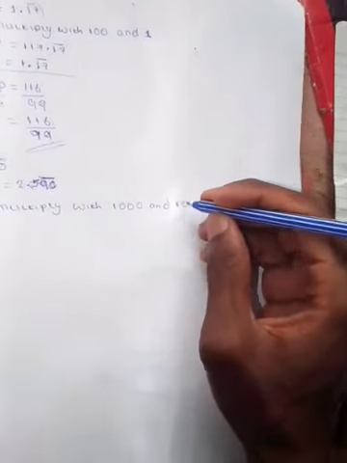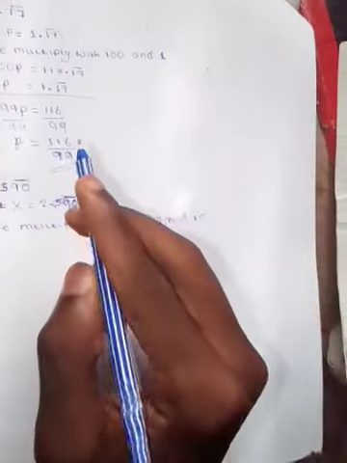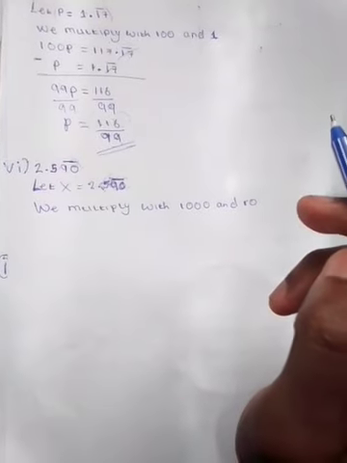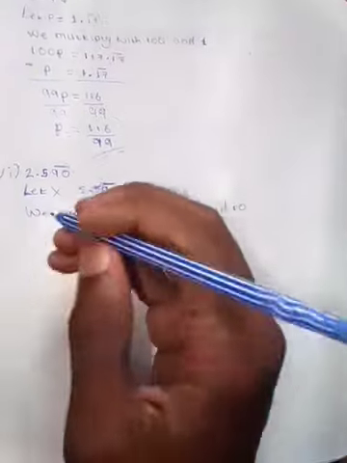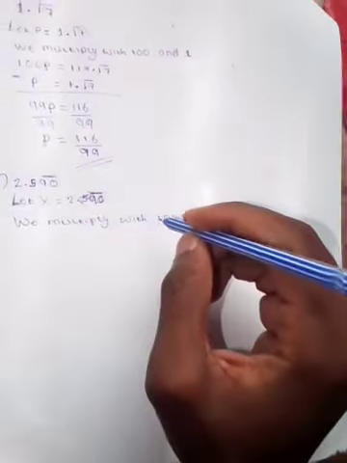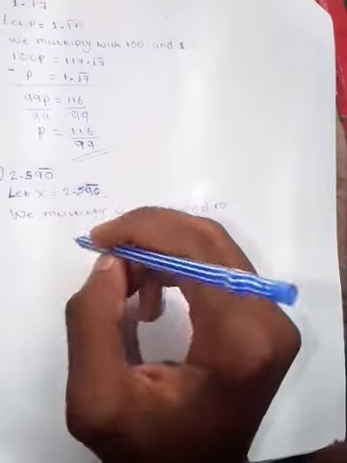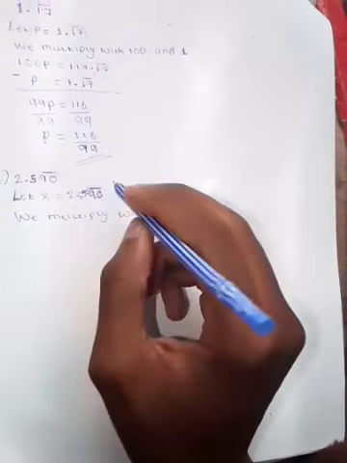So now let us multiply. Okay, let us go ahead. So we're going to say 1000 times x, also times this number.